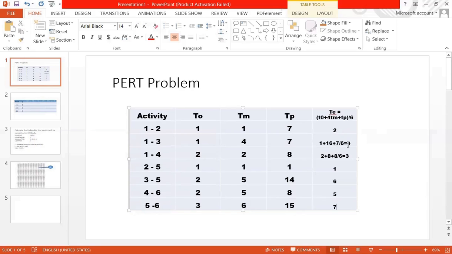So these are the time estimates that I have obtained. TE values that we have obtained for this problem: 2, 4, 3, 1, 6, 5, and 7. So this is the calculation of expected time of each activity. Now all these values TO, TM and TP are not important, only these values are important.